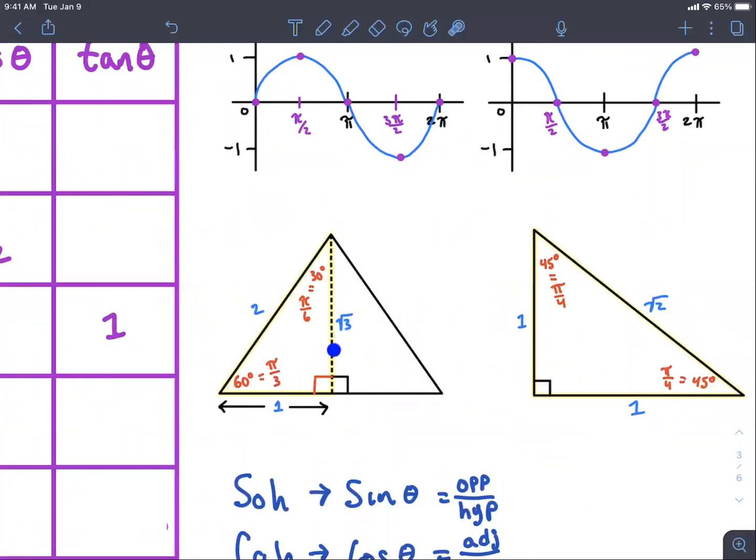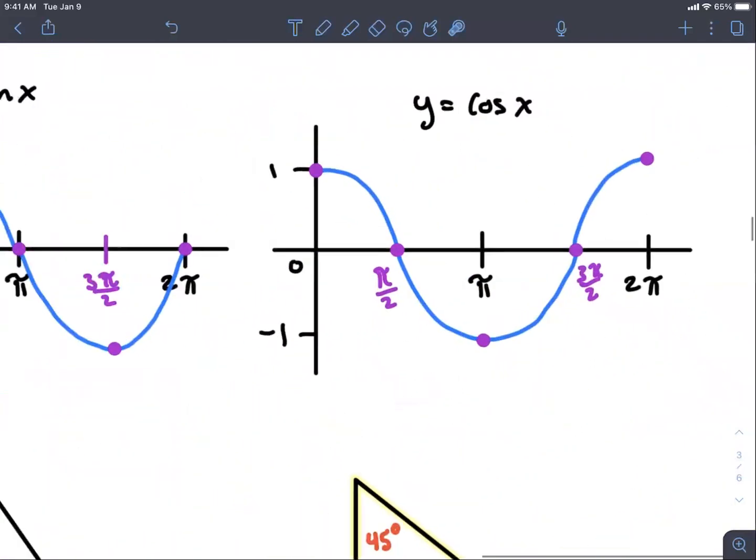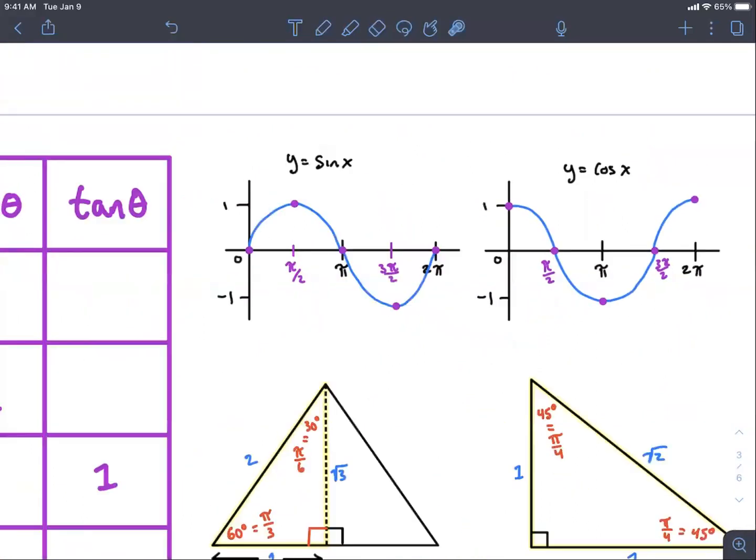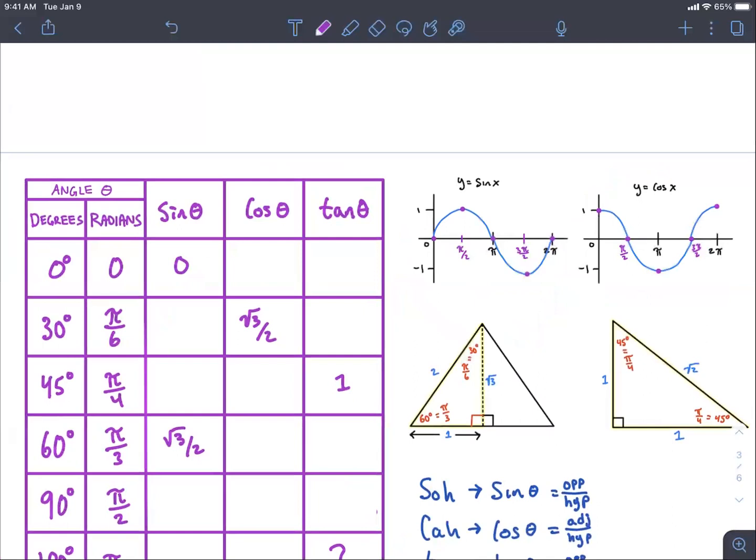And so cosine is not defined in this triangle from this 90-degree angle. So it's much more helpful to go back up to this diagram up here. The cosine of pi over 2 is right here. The reason it doesn't work in the triangle is because it's 0, and you can't have a triangle with a length of 0 or a ratio that gives you 0. The triangle would just cease to exist. So that's what's happening there. Okay, so it does have a value, 0.